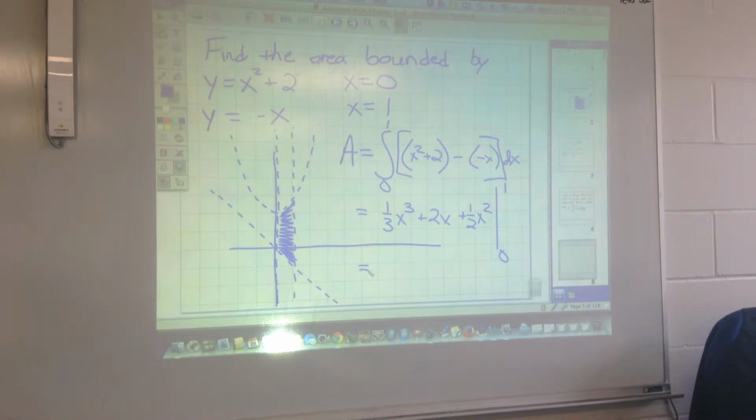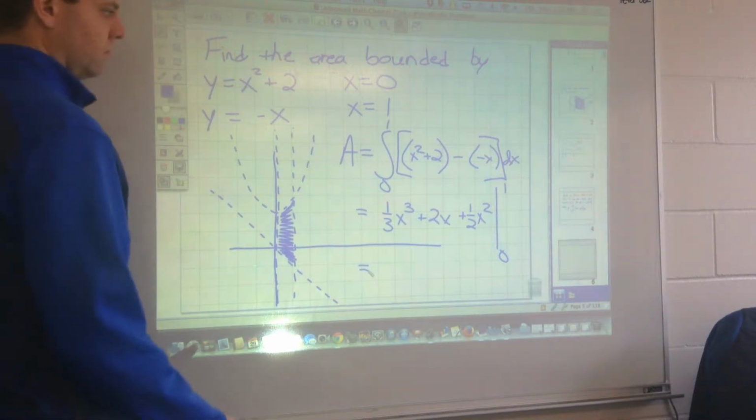Plug in a 1, you get 1/3 plus 2 plus 1/2. So 17/6, 2 5/6, sounds about right. And then you plug in a 0, you get 0. Wait, 3/6, then shouldn't it be half?